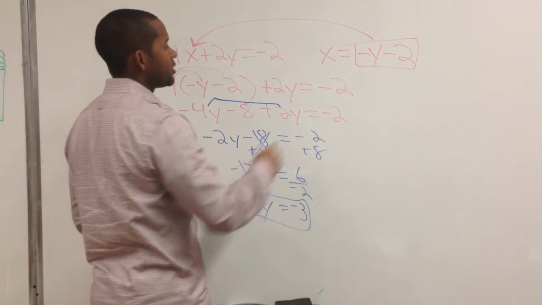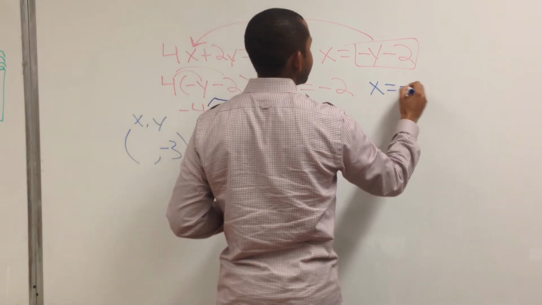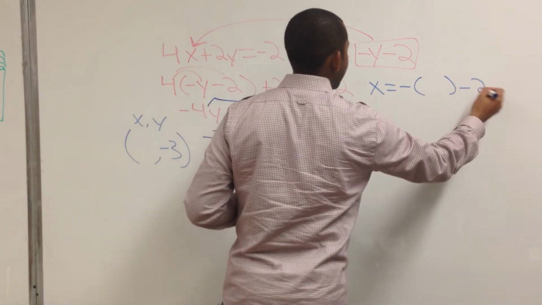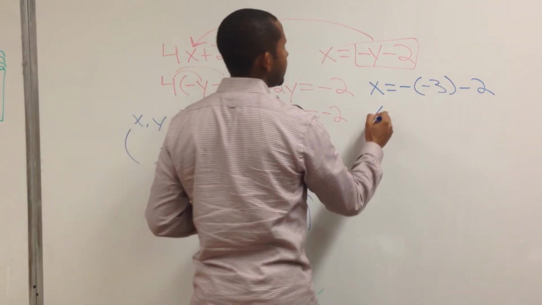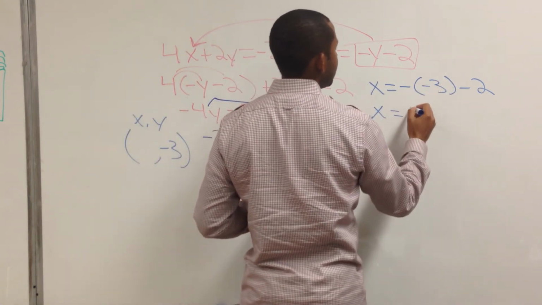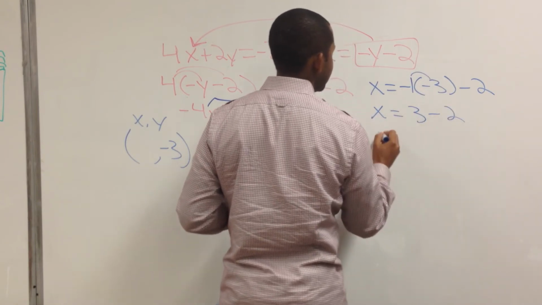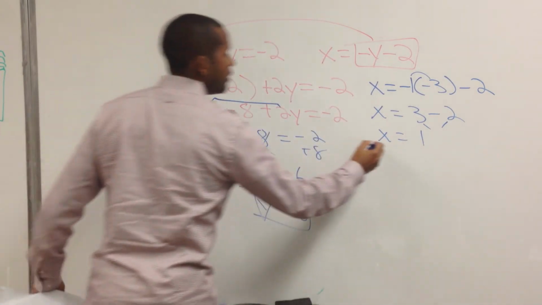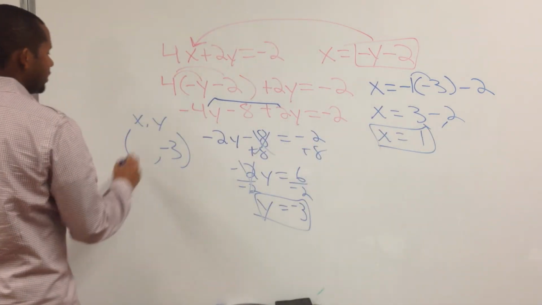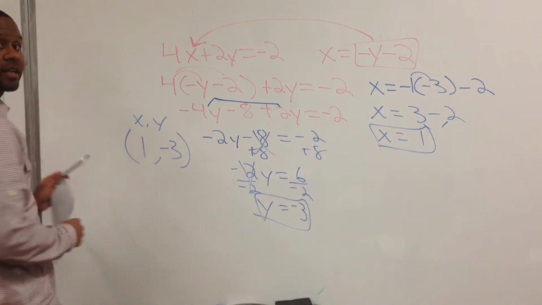Once I know y equals negative 3, I can plug it in here. X equals negative y minus 2. Y equals negative 3, so that's a negative 3. X equals negative 1 times 3 is 3 minus 2. X equals 1. So y equals negative 3. X equals 1. There's my second problem.